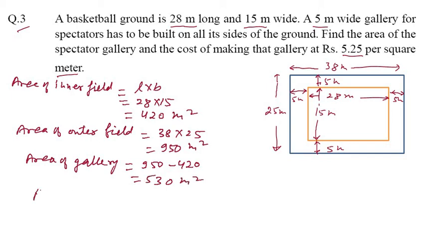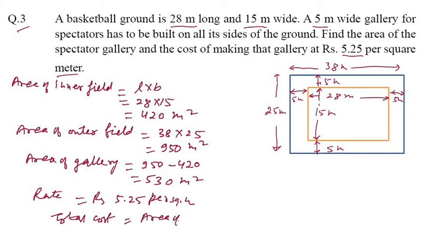Rate is given as, so you can write here rate. Rate is how much? It is rupees 5.25 per square meter. Now you can find the total cost. Total cost is equal to area of gallery into rate.